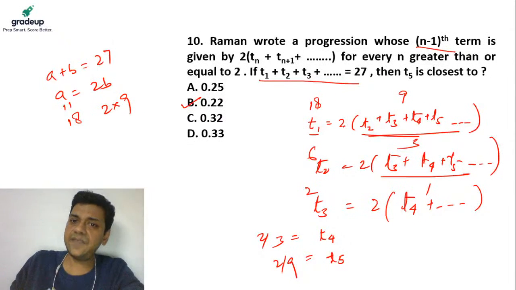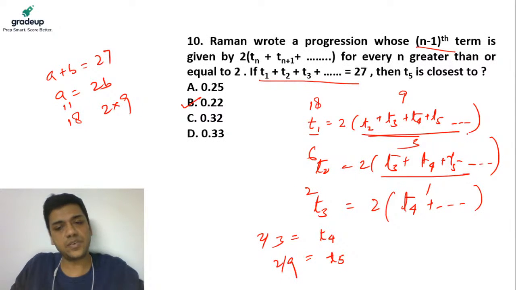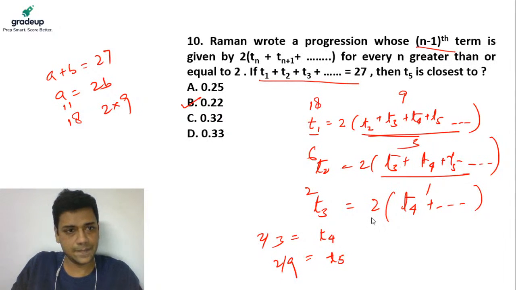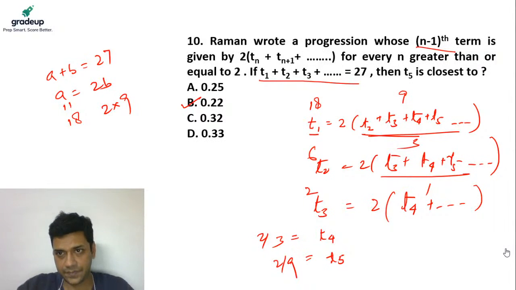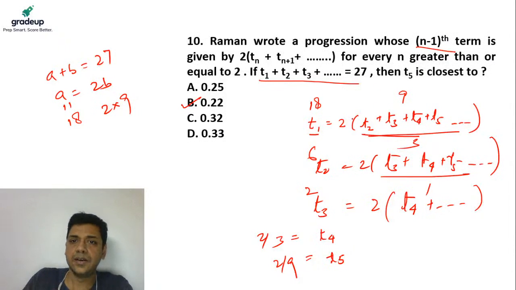Can I say T1 equals 2 times T2 plus T3 plus T4 plus T5 and so on and so forth? Harish? Yeah, Harish. So what do we get?